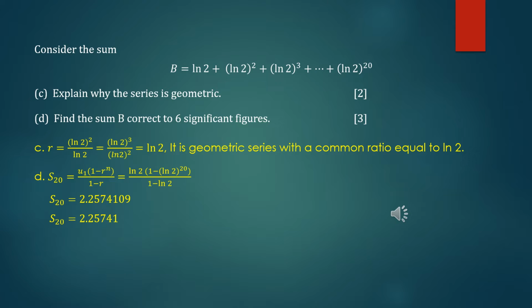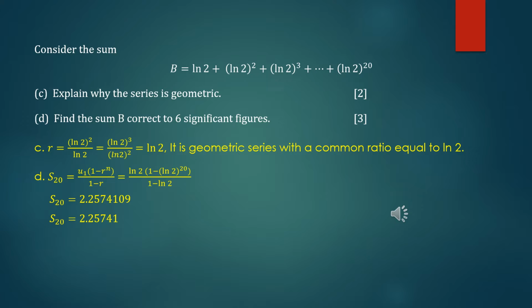For problems C and D, we consider the sum B equals ln2 plus the square of ln2 plus the cube of ln2 plus so on and so forth until the 20th power of ln2. We explain why the series is geometric.